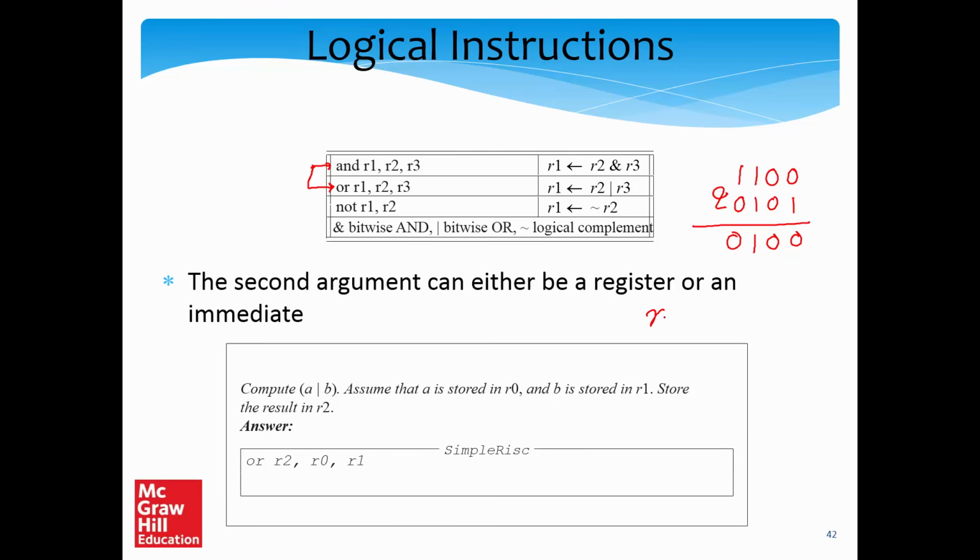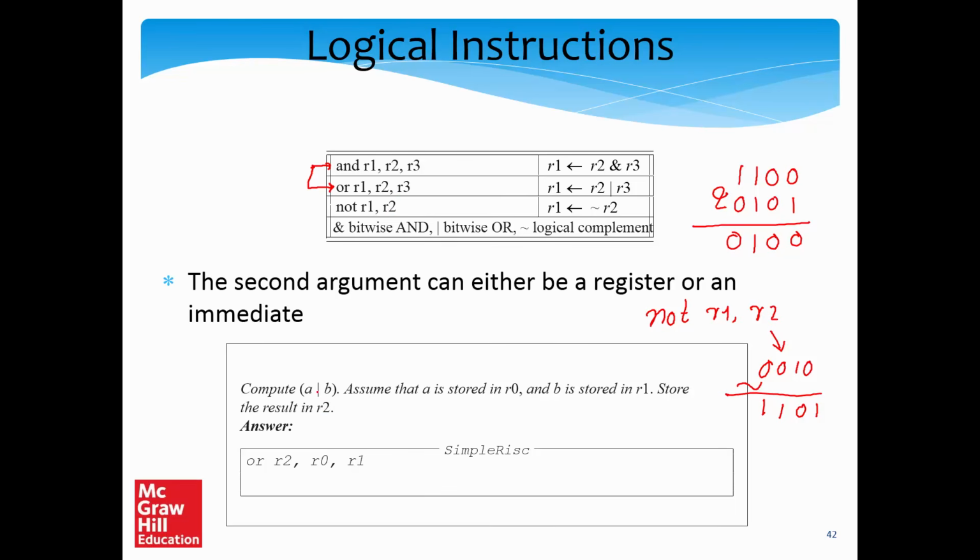So when we say NOT R1, R2, what this essentially means is that let's say the value of R2 is 0010. We take a NOT of it. Once we take a NOT of it, this becomes 1101. So the second argument in this case can either be a register or an immediate, the second source argument.